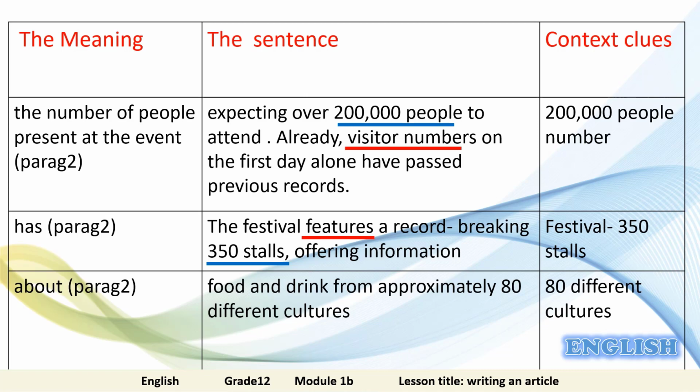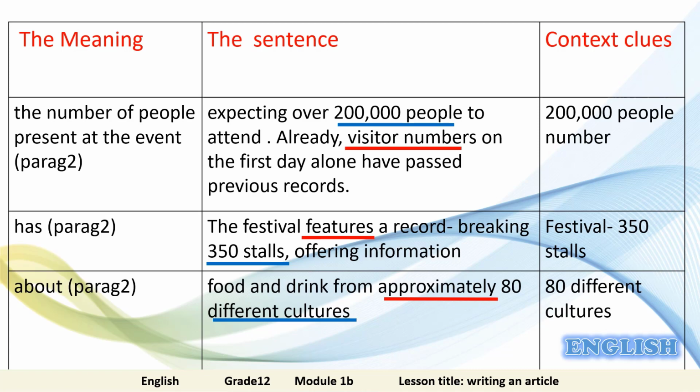We need to look for a word that means about. Food and drink from approximately 80 different cultures. Okay, 80 different cultures. Yes, approximately. Means about. How can you tell? 80 different cultures. Let's rephrase the sentence and see if it really sounds correct.